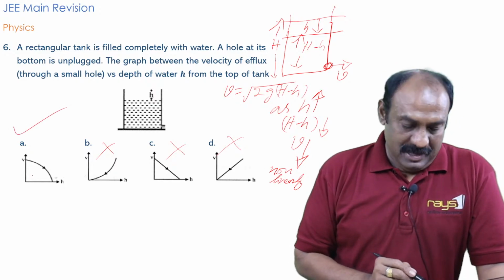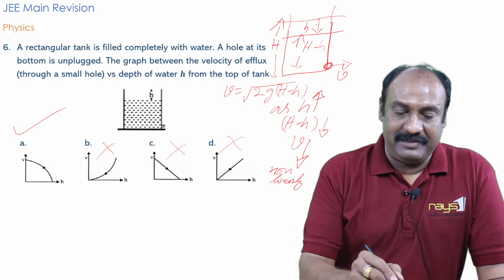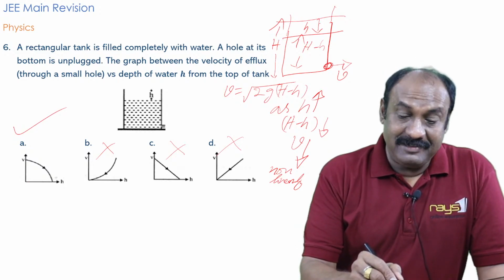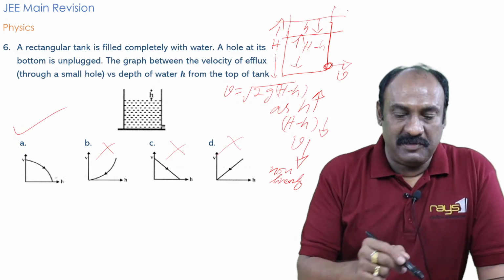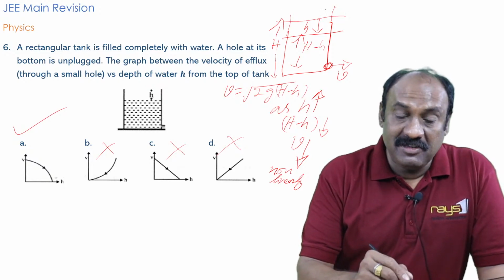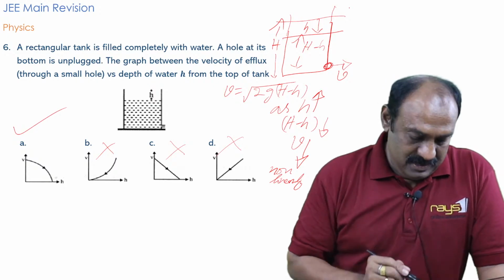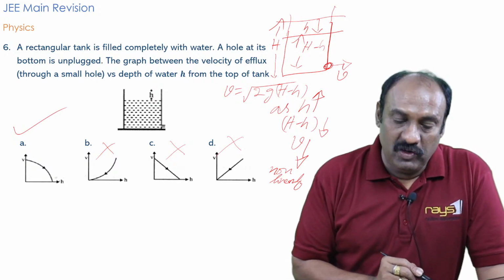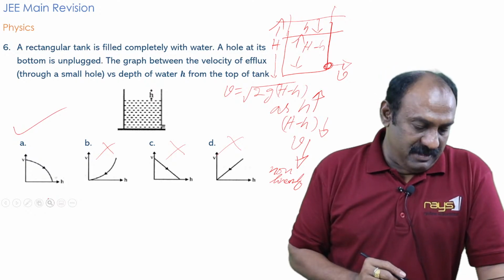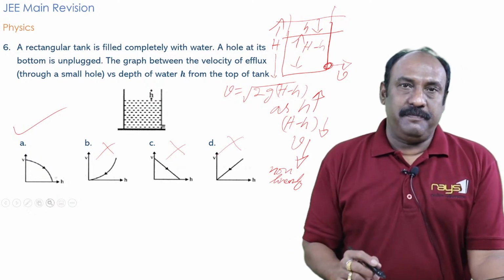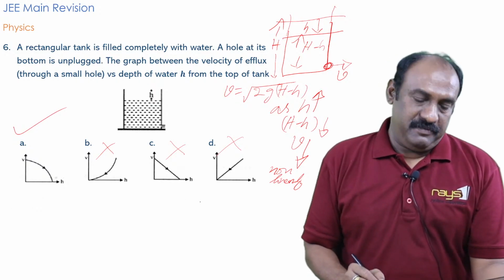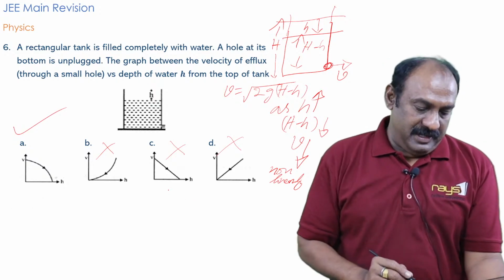As depth increases from the initial position of the free surface of the liquid, velocity of efflux also decreases. So for question number 6, answer is A. It is another standard, important, small logic-oriented question. Okay, right. For the 6th one, answer is A.